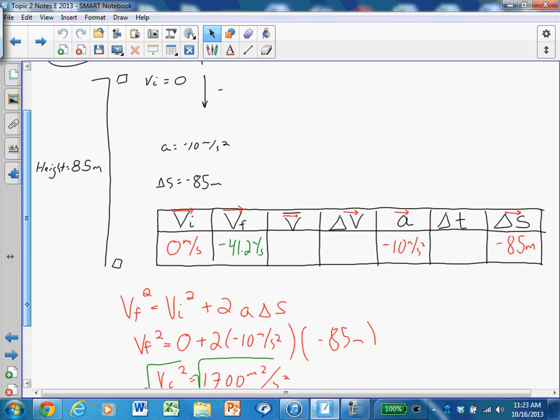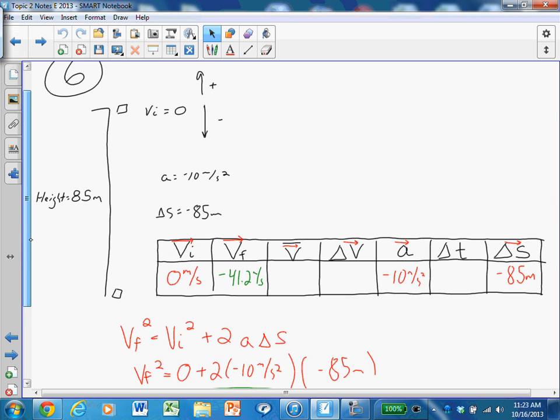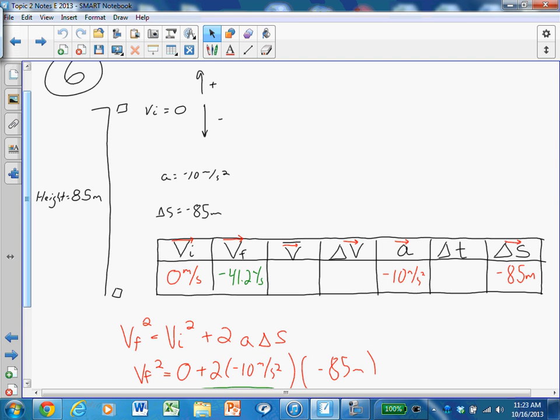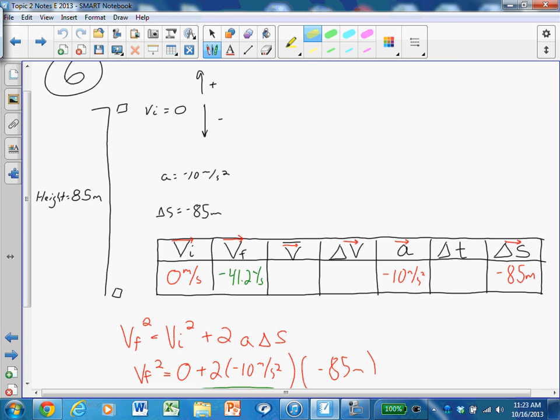Problem where we finished it up kind of quickly, where Super Spider-Man drops his wallet, right? And it goes to the bottom and falls a height of 85 meters, right? And so when we filled that stuff in, we realized that our delta S was negative 85, right?